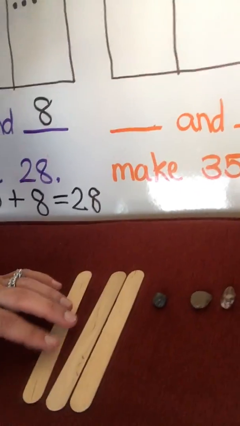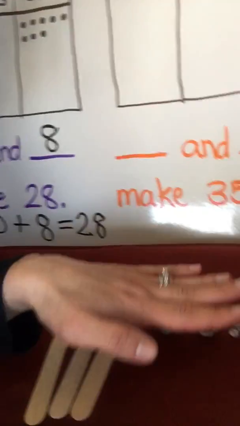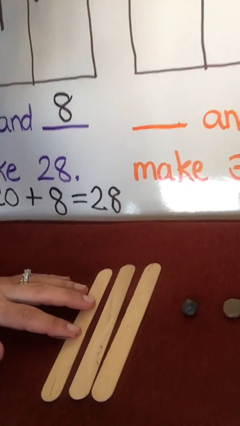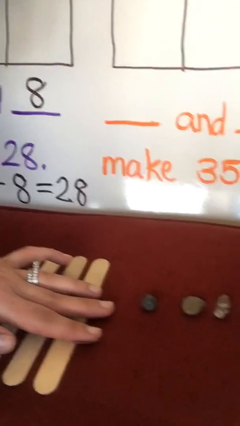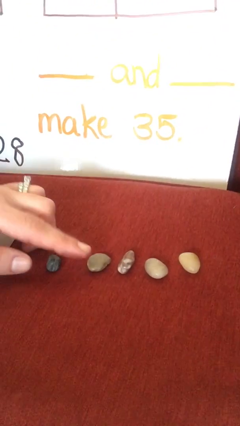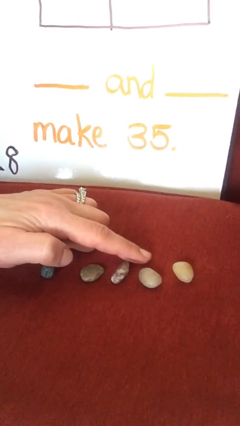All right, let's take a look now at Mia's stickers. So over here, I have the tens and I have the ones. So let's take a look at our tens. 10, 20, 30, 31, 32, 33, 34, 35.